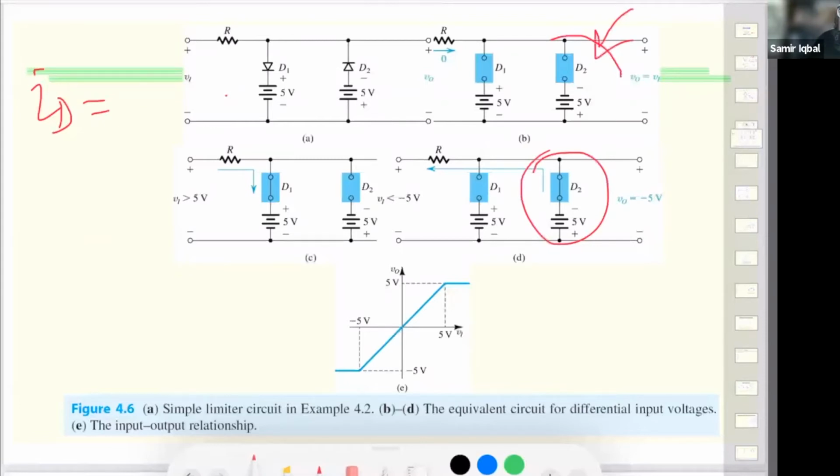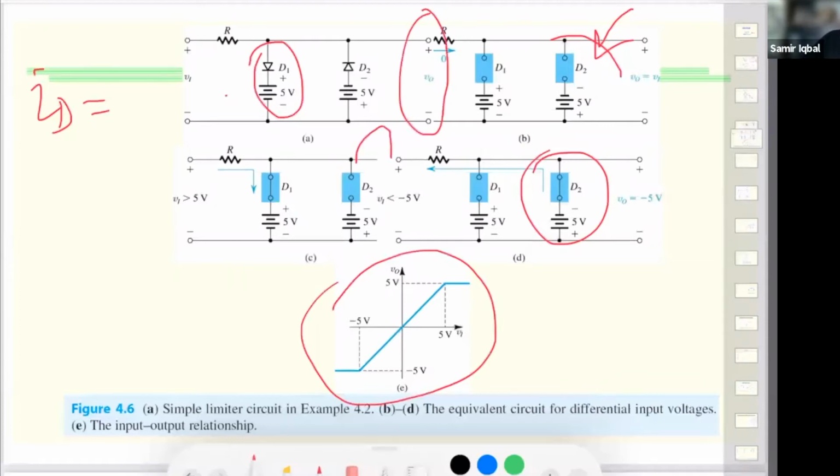Now the output of this circuit on either side, plus 5 and minus 5, is limited by this circuit. Because of these diodes, the outputs, these pictures, are overlapped. The outputs will always be within 5 volts.